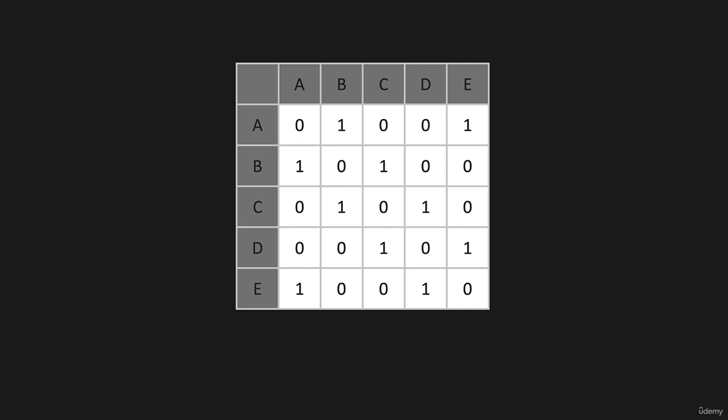So each axis, the horizontal axis and the vertical axis, are going to be 1 billion items. Even if each person on Facebook has 1,000 friends, you are going to be storing 1 million zeros for every one. So it's incredibly inefficient from a storage perspective.